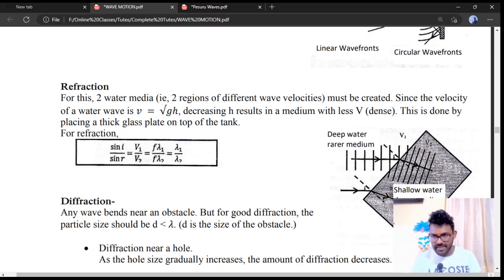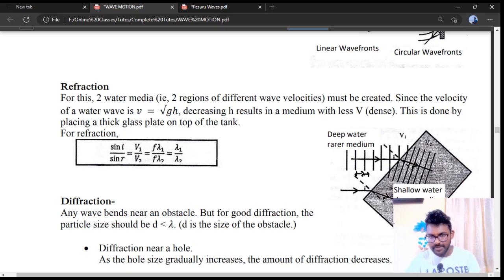Now if I construct a normal like this, the wave is coming like this and bends towards the normal and goes through the medium. You can see these are called the bright lines, which correspond to the crests. So the distance between two adjacent bright lines, we can call the lambda. This is the lambda.